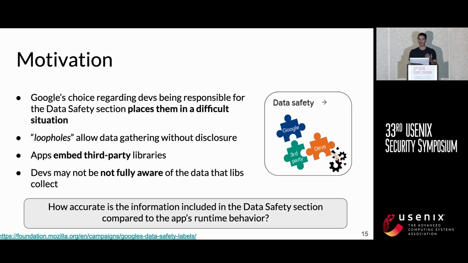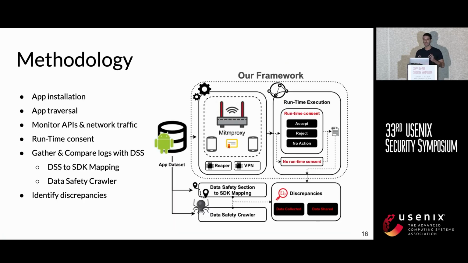To analyze the app's runtime behavior, we developed a dynamic analysis framework and a pipeline that automatically identifies discrepancies between the data safety section and the app's runtime behavior. We consider as a discrepancy any case where data is collected or shared and is not disclosed in the data safety section.